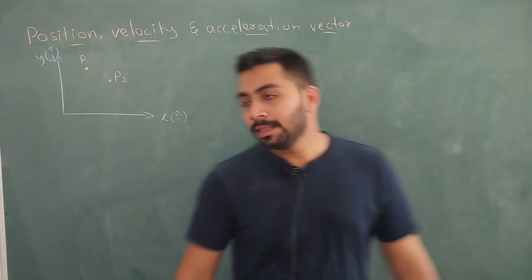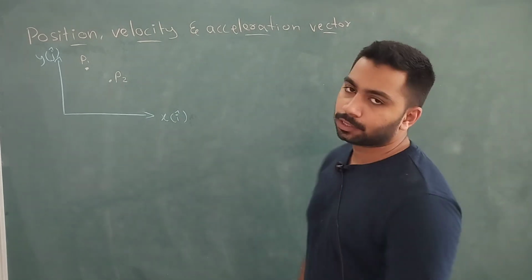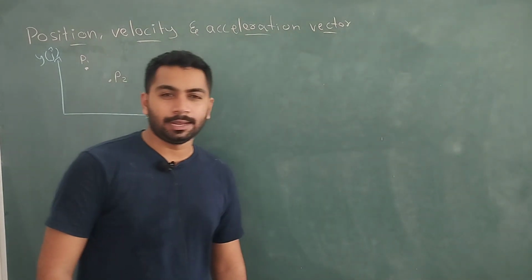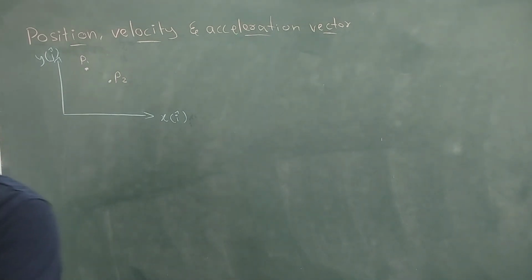So now position vector, velocity and acceleration vector. Now how do position and acceleration vary? One second.